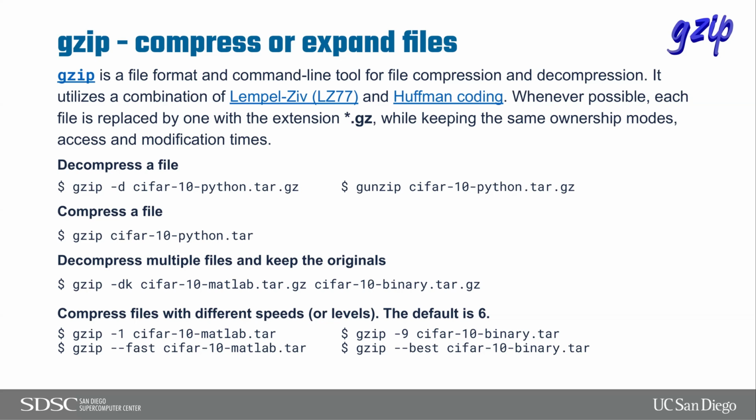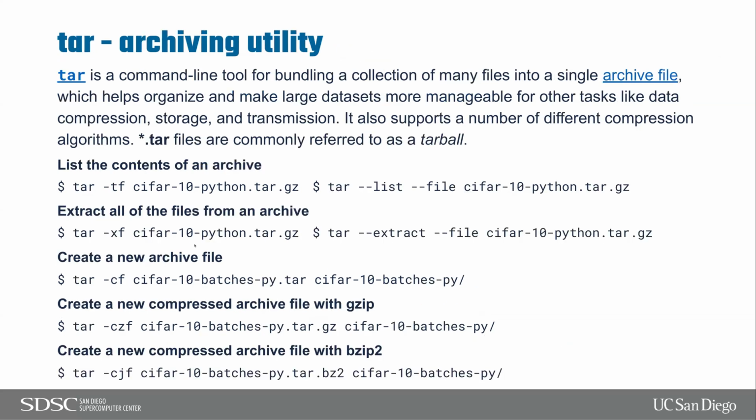If .gz is an extension for a gzip file, this .tar file that I'm compressing here in this second example is what's known as an archive file, right?